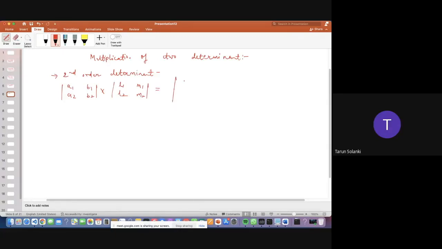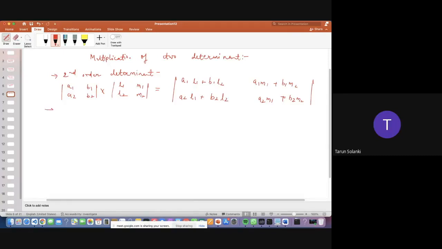So it becomes a1 l1 plus b1 l2, then a1 m1 plus b1 m2, then a2 l1 plus b2 l2, and here a2 m1 plus b2 m2. So this is the multiplication for the second order determinant.